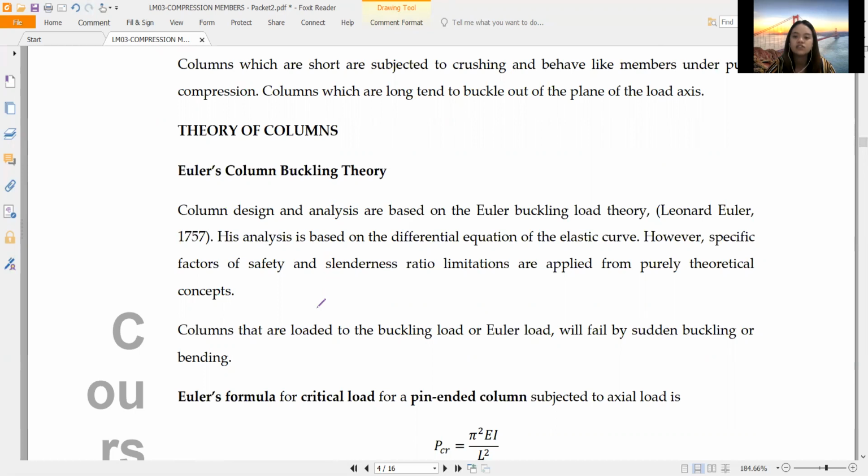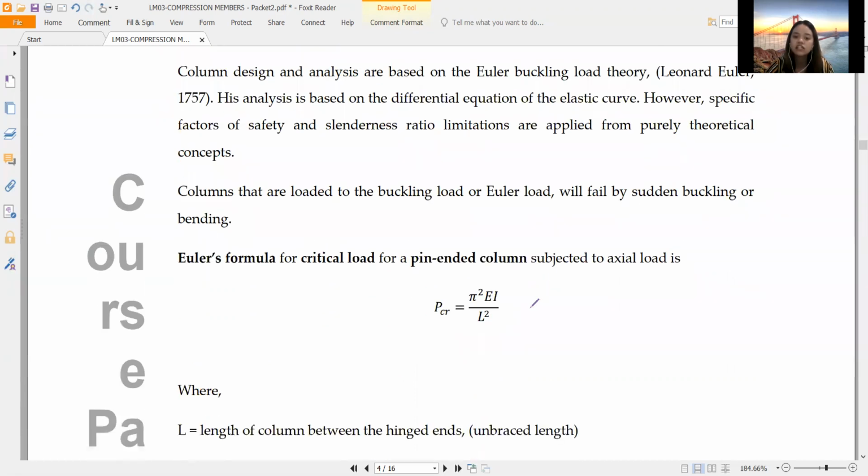And meron siyang comparison with the factor of safety and the slenderness ratio. So meron lang siyang dalawang consideration if the column is pinned or fixed-ended. So madali lang tandaan yung formula. Actually, you just have to memorize, if you want to memorize, you only have to memorize this critical force, no? Later you would know why.